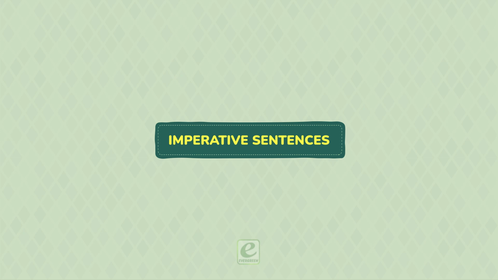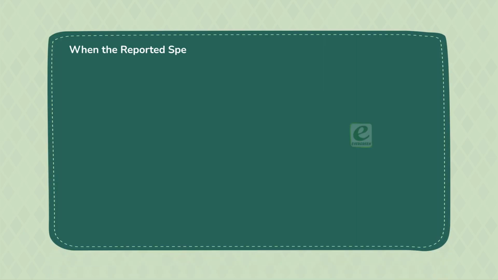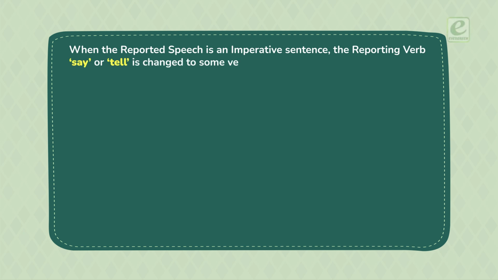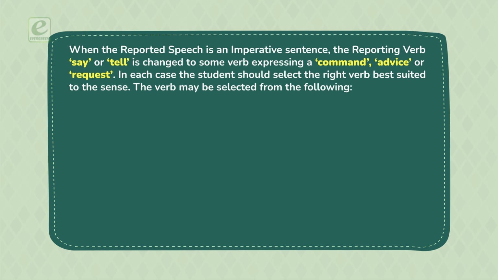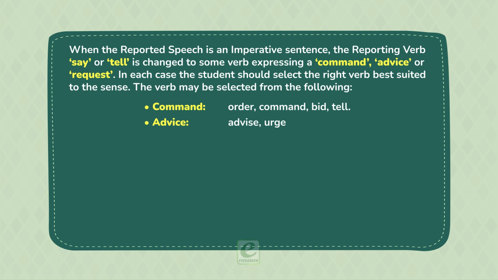Imperative sentences. When the reported speech is an imperative sentence, the reporting verb say or tell is changed to some verb expressing a command, advice, or request. In each case, the student should select the right verb best suited to the sense. The verb may be selected from the following: command, order, bid, tell. Advice: advise, urge.